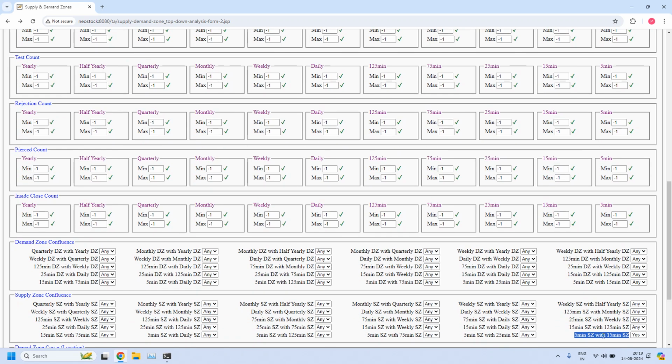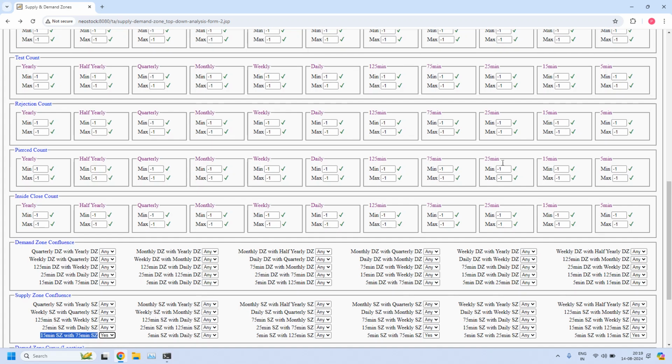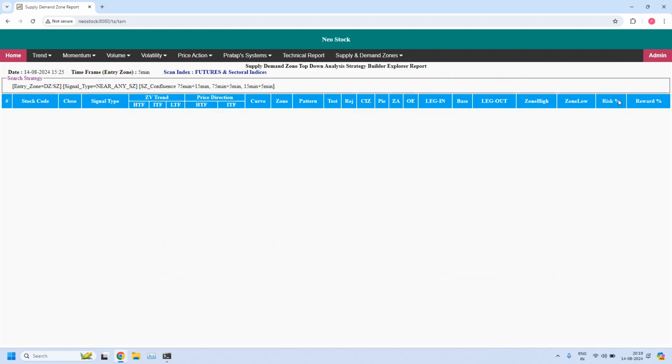So already we enabled 5 minutes with 15 minutes, and now 5 minutes with 75 minutes also, and 15 minutes and 75 minutes supply zone confluence also I selected. Now let me filter the stocks. So none of the zones are having confluence with HTF time frame. Only ITF time frame, that is 15 minutes time frame, confluence is there for 4 stocks, as you have seen in the previous report. Okay, this is about stocks near demand and supply zones.